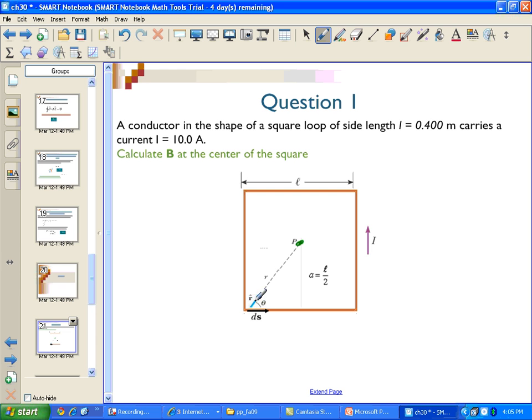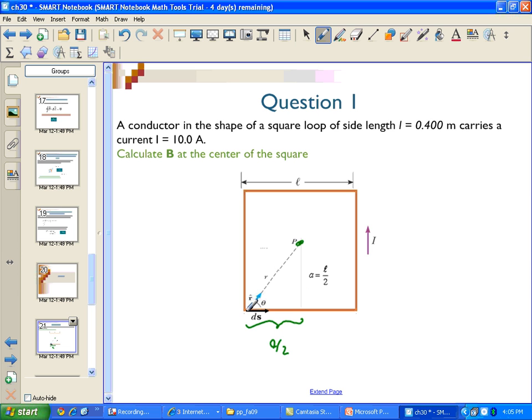If we start from the left end of the bottom, here is our ds, here is our r hat, this is our distance r, and we know that a is L over 2, or 0.4 divided by 2, which is also the base of the triangle. This is L over 2.